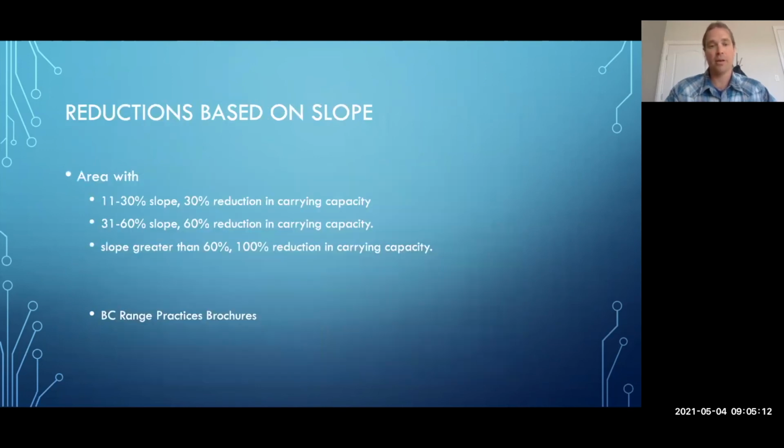Generally, for the 11 to 30% slope we're looking at a 30% reduction in carrying capacity, and up to 60, a 60% reduction. And at slopes greater than 60%, we're probably not getting any grazing out of those areas.